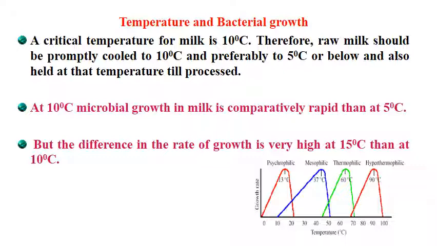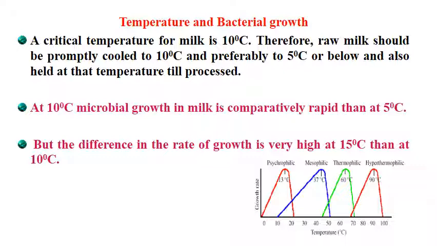In milk, high contamination is unavoidable. We have to stop the bacterial growth, for which temperature is the major factor. If we can bring the milk to 10 degrees Celsius at the earliest, it is good, and 5 degrees Celsius is better.